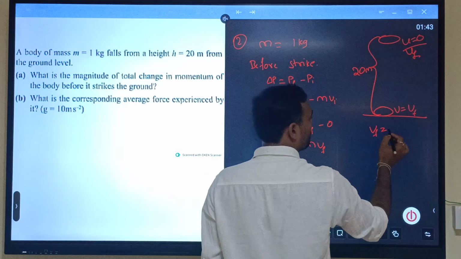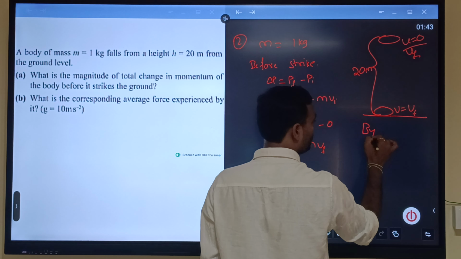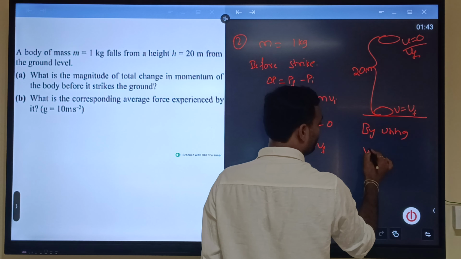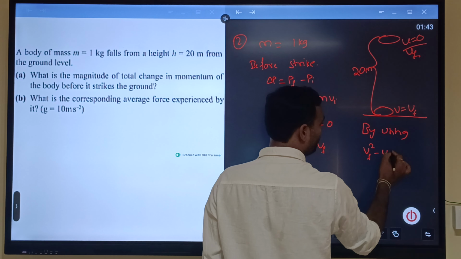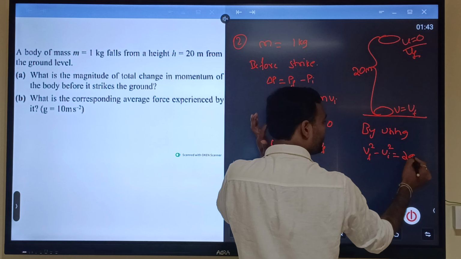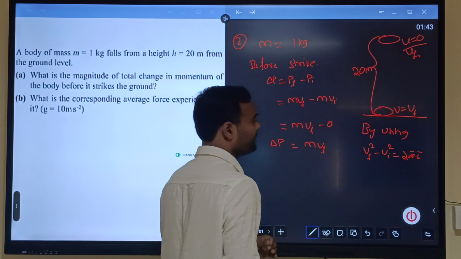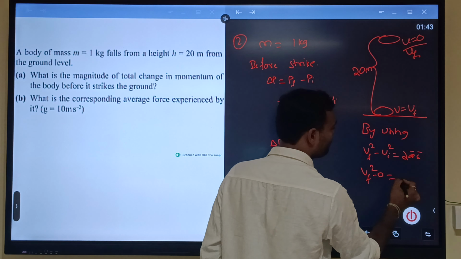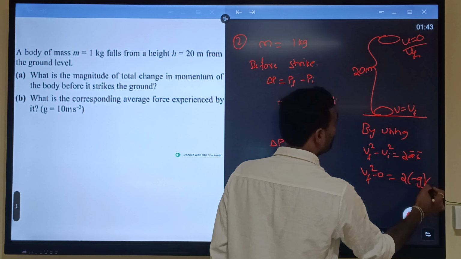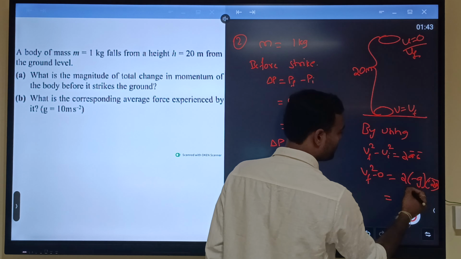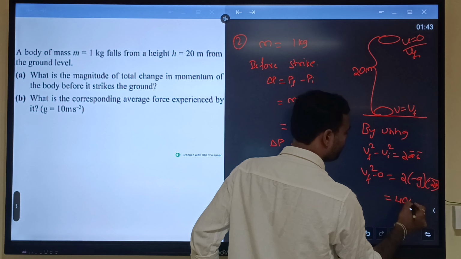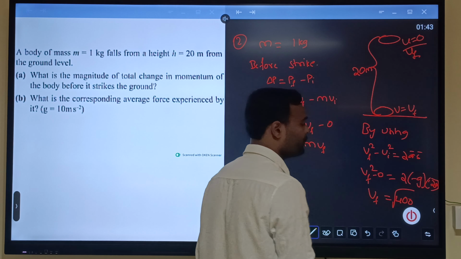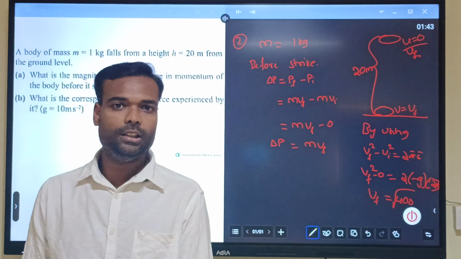equal to, by using vf square equals ui square plus 2a s, yes, right? Then vf square is 0 plus 2 into g into 20, which is 400, so vf is equal to under root of 400, right?